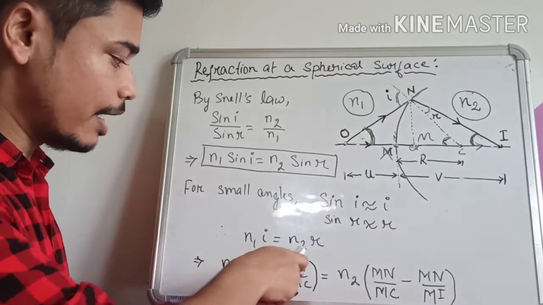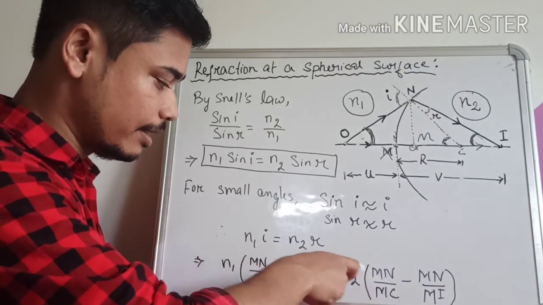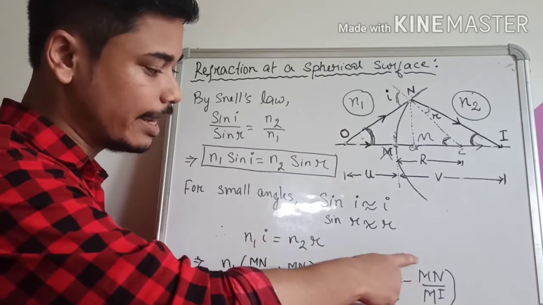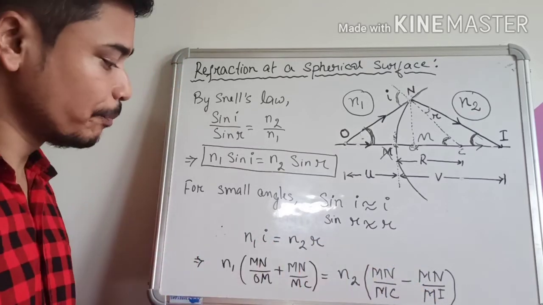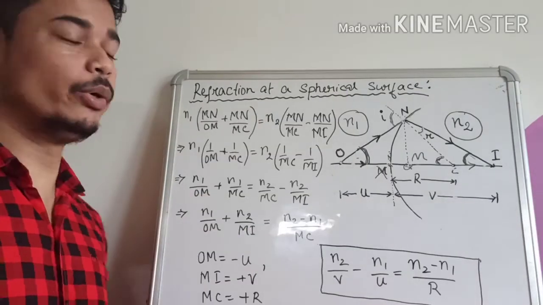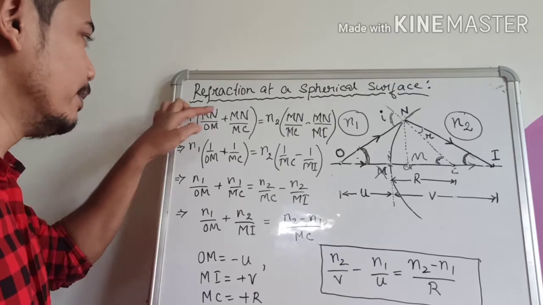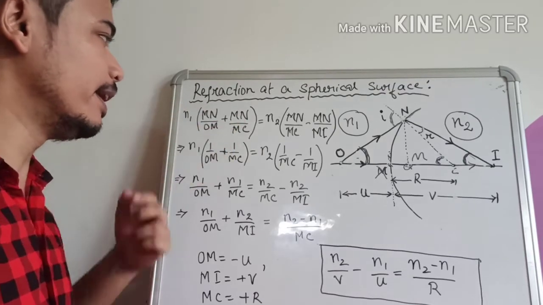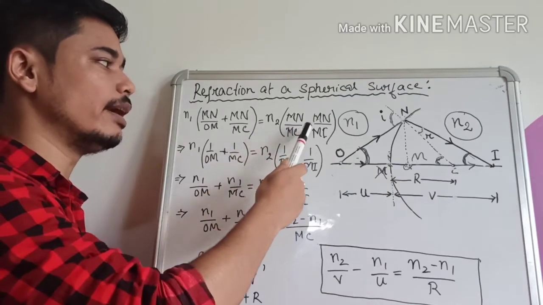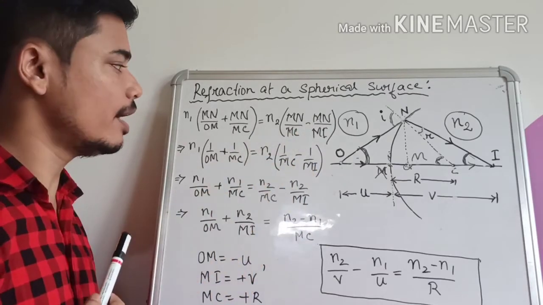Here I have substituted the value of r, that is MN divided by MC minus MN divided by MI. We just have to substitute the values of I and r. So we have N1 into MN divided by OM plus MN divided by MC is equal to N2 into MN divided by MC minus MN divided by MI.